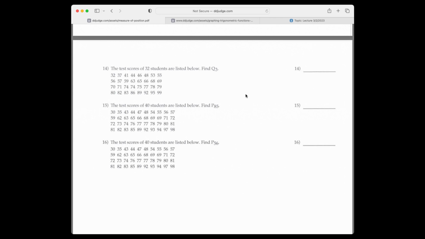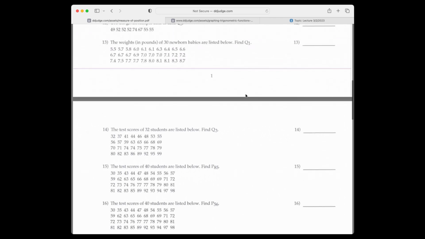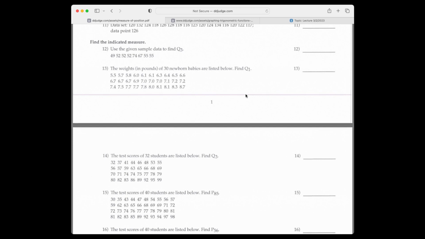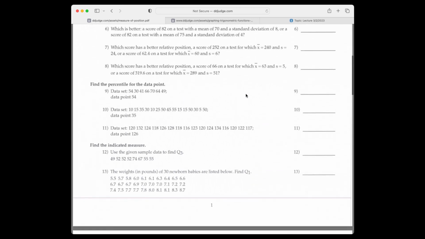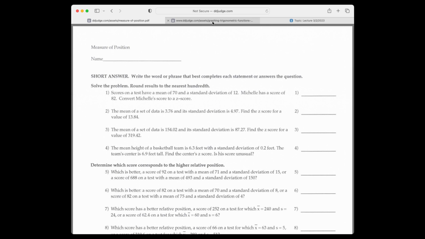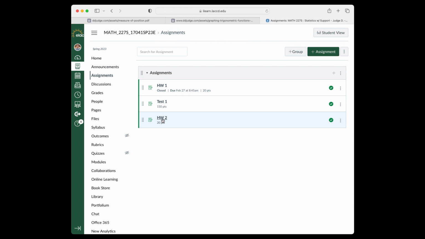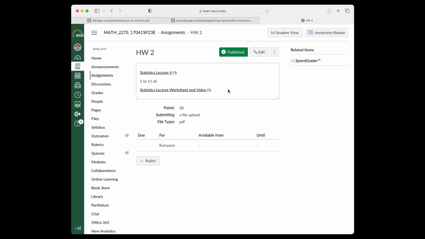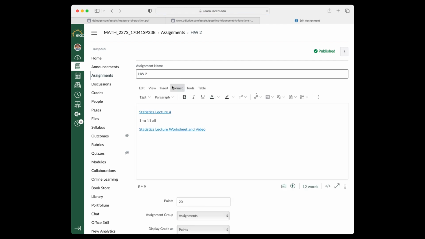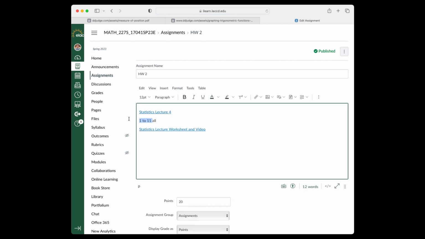Q3, P85, P56. They give you data. Find Q1, find Q3. I might even make another worksheet, by the way. I got to figure out, maybe I already have. It might even be there. But my point is, you should be able to do them all now. Not just 1 through whatever. You should be able to do what?